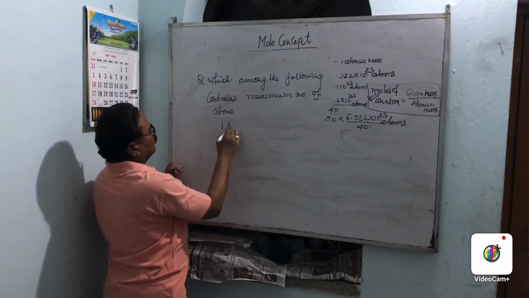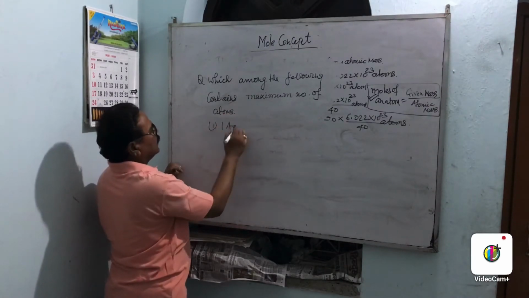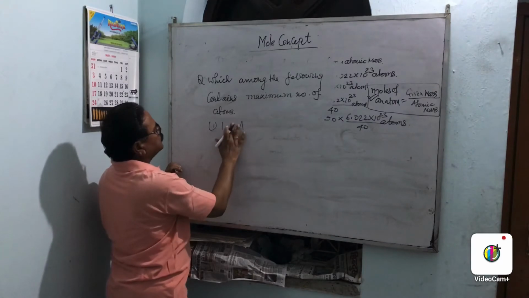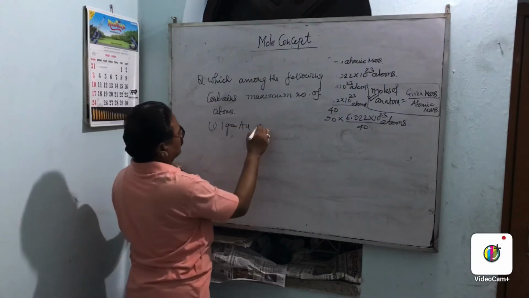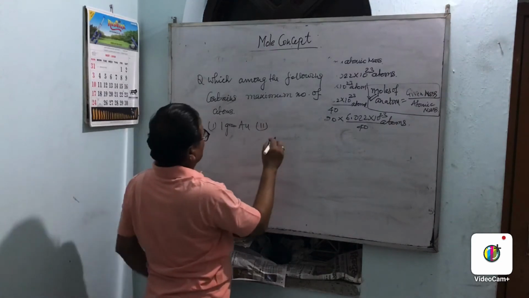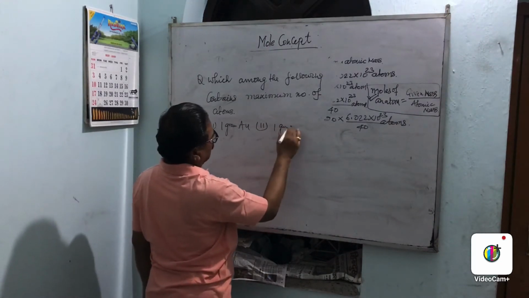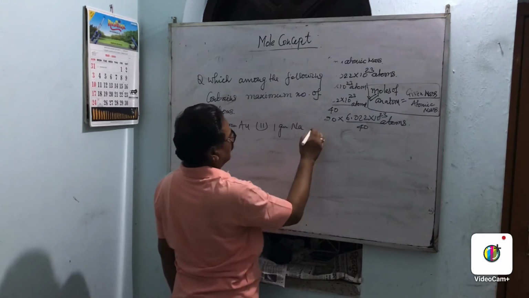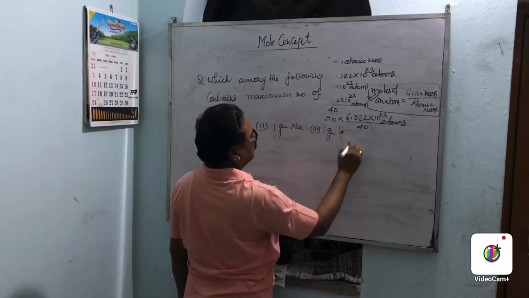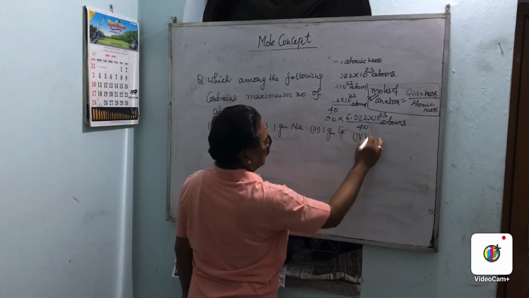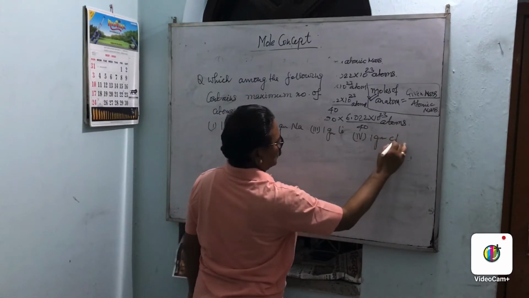First, 1 gram Au, that is gold; second, 1 gram sodium; third, 1 gram lithium; and fourth, 1 gram Cl2.